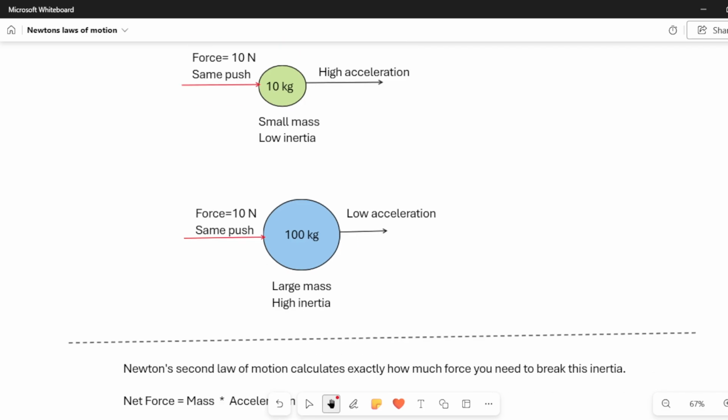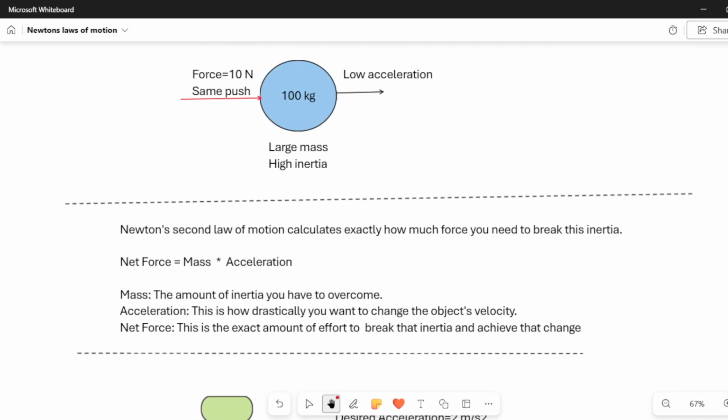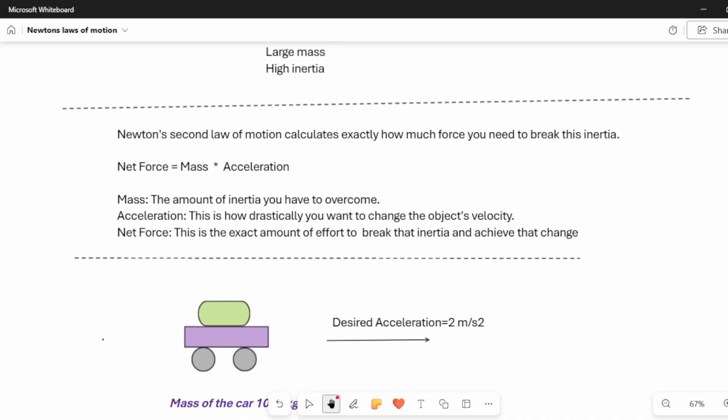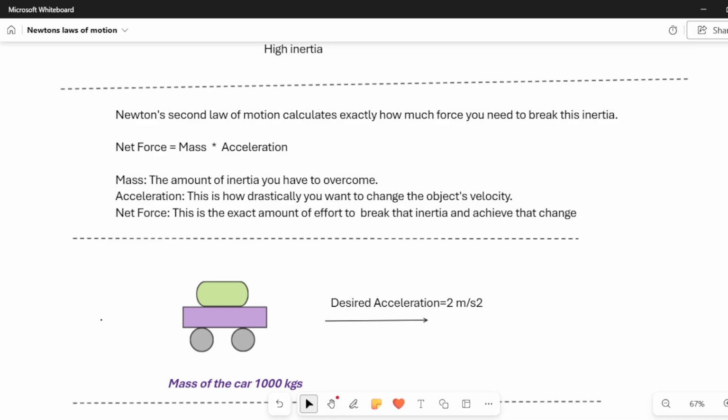Now let us apply this second law of motion to our example. Let us expand the formula and try to study this. Newton's second law of motion calculates exactly how much force you need to break the inertia.